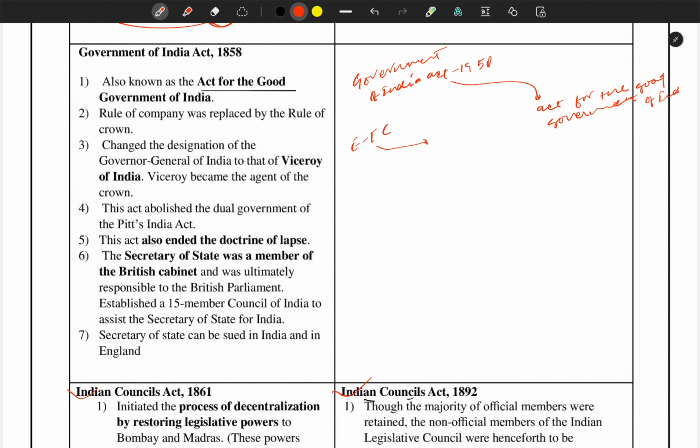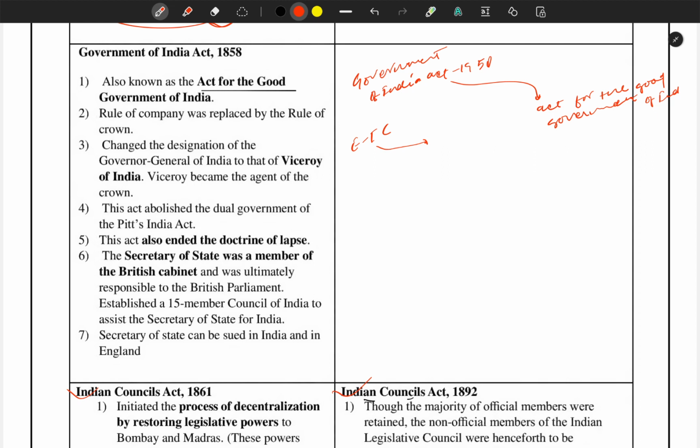So now onward, the rule of the Company will be replaced by the rule of the Crown, which means the Crown's direct control will be over Indian territories.